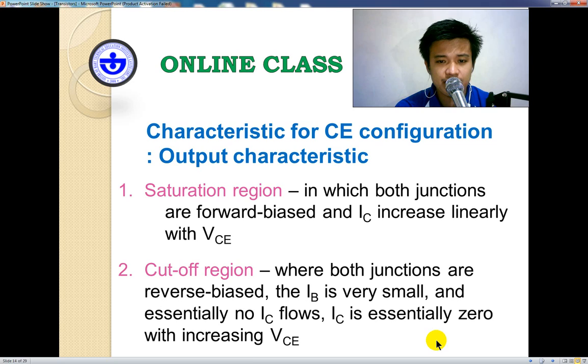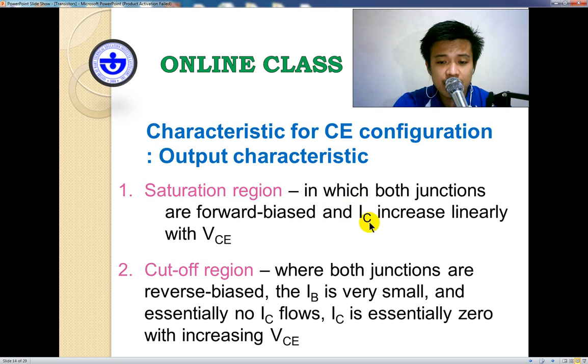So next part here, we have the characteristic of the configuration of a transistor. These are the output characteristics. The first one is the saturation region, in which both junctions are in forward bias.